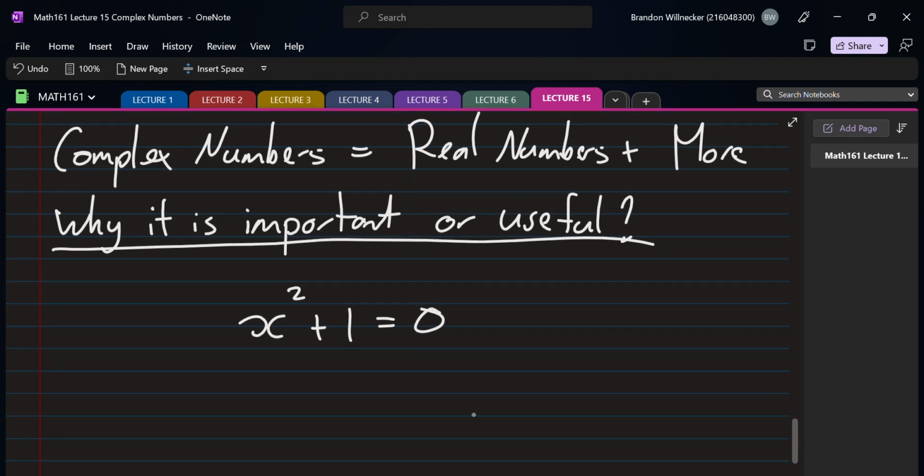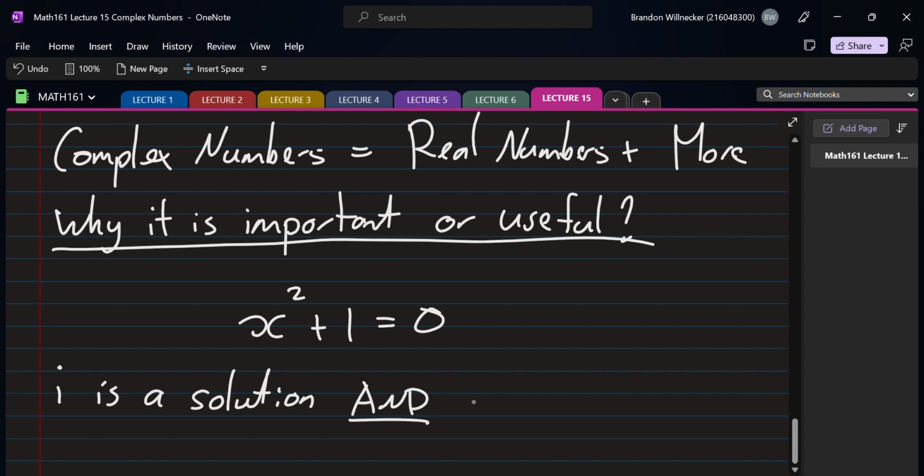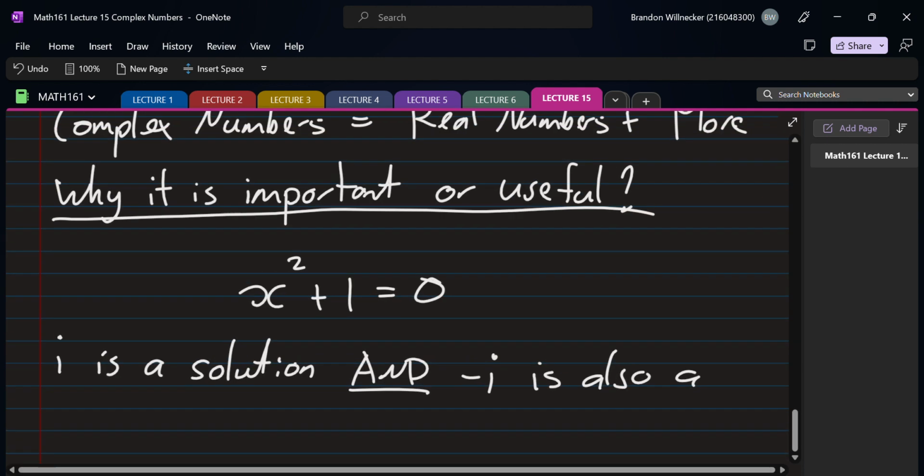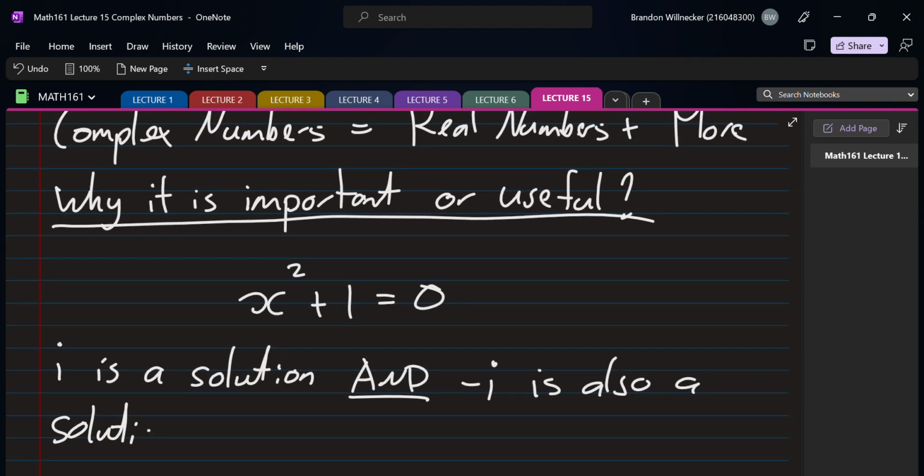Okay, so i, this new number, is a solution, and minus i is also a solution. And here, now that we're working with these complex numbers, we see that this quadratic indeed has two solutions, like we wanted. Okay, so by including these imaginary numbers, the numbers with the i, we then get what we want, and that is all these quadratics will now have two solutions.